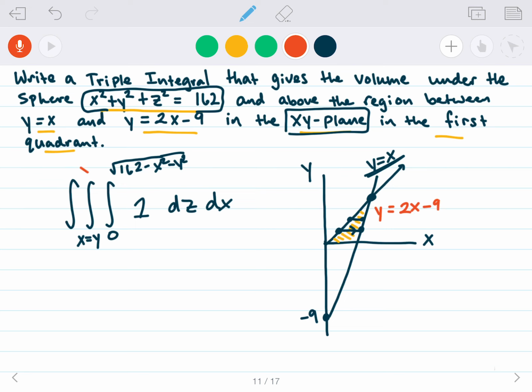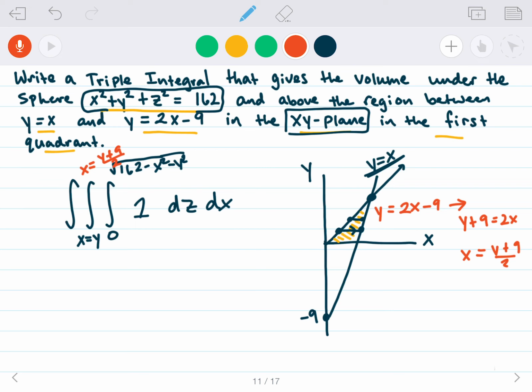I need to get this in terms of x, so I'll add 9 to both sides first, and then divide both sides by 2 to get x equals y plus 9 over 2. So that's my rightmost x bound: y plus 9 over 2.